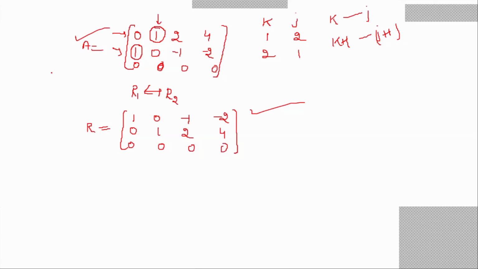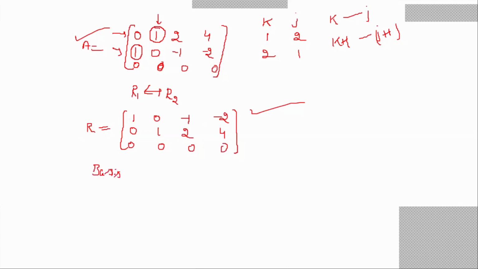After converting this A matrix to a row echelon form, what are the bases of the row space of this row echelon form? The A matrix also has the same basis. If you convert the A matrix into a row echelon form, then the basis for the row space of the row echelon form will be the same as the basis for the row space of the A matrix. So now, in the row echelon form, which will be the basis? These non-zero rows. So what are the bases here?